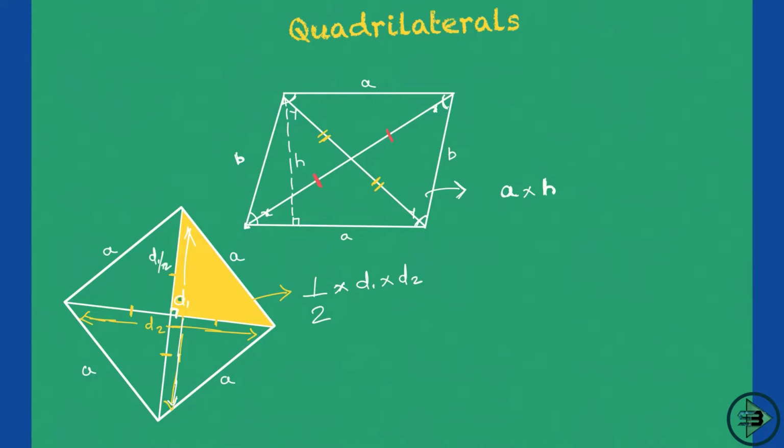Similarly, you said this distance is d2, so this small distance will be equal to d2 by 2 because the diagonals bisect. So what is the area of this small yellow triangle? Half into d1 by 2 into d2 by 2. Half into base into height, because here the base is this and the height is this.